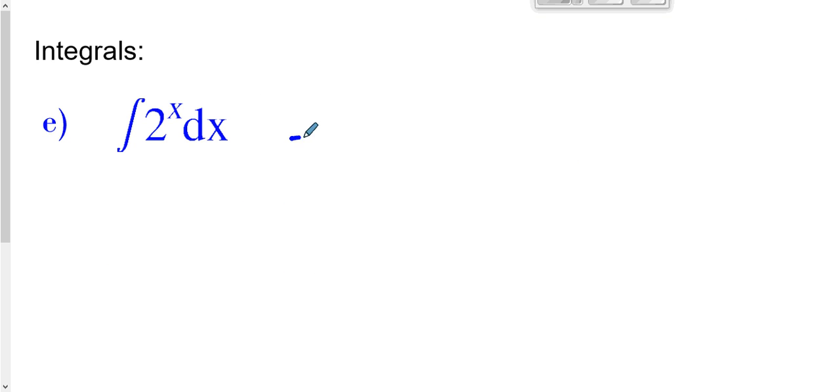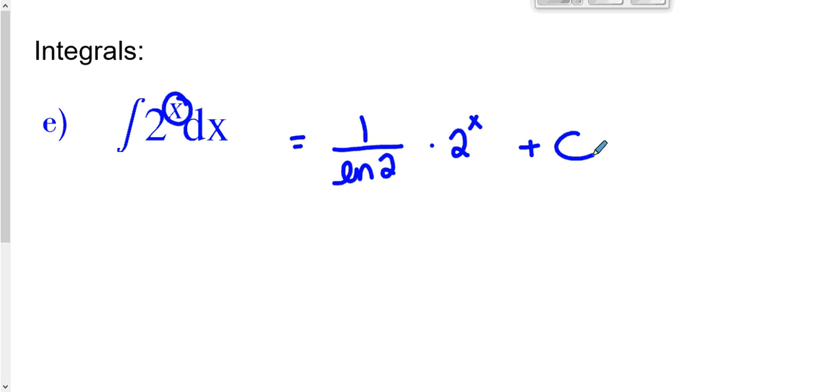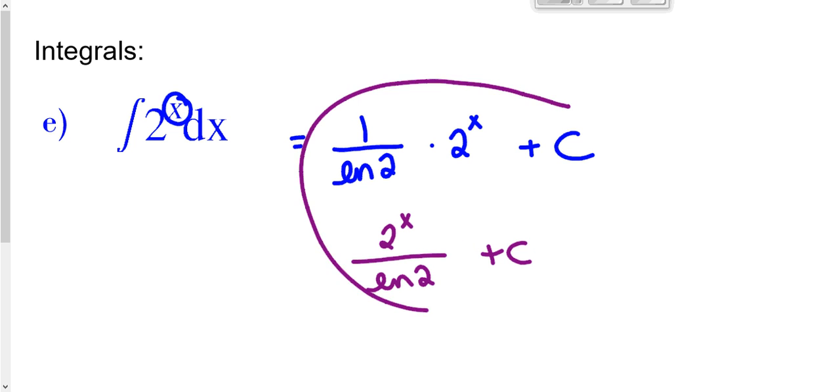So there's nothing tricky going on. This exponent is nothing crazy. So it's 1 over the ln of 2 times 2 to the x plus c, because it's indefinite. Now we can write the 2 to the x on the top if you like, over ln of 2 plus c, but both of these are fine, either way.